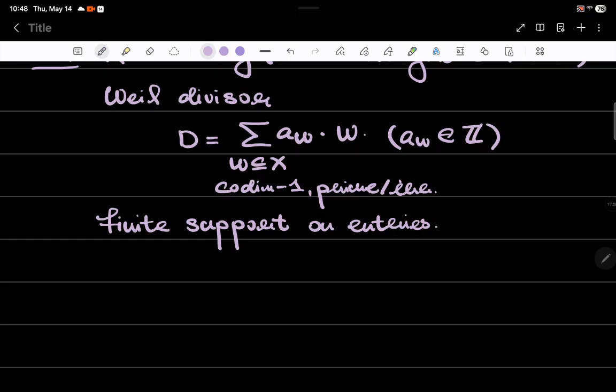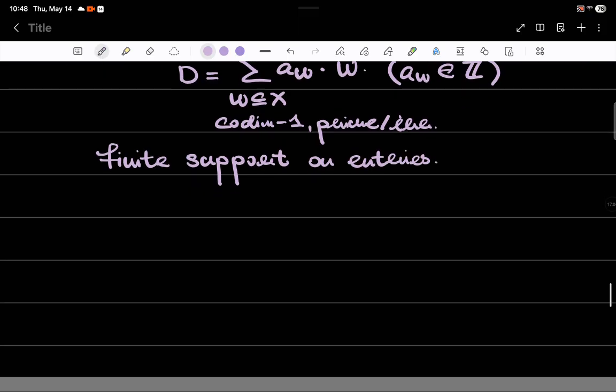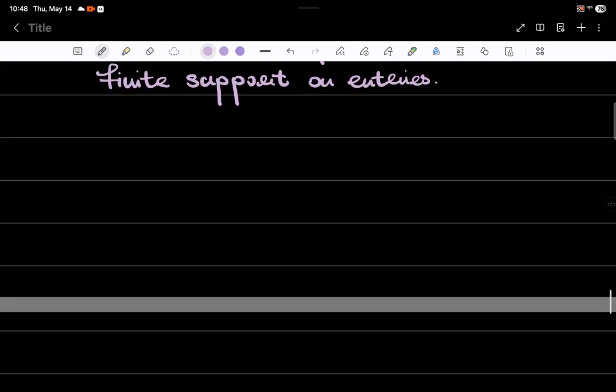So yes, it's a finite sum, and I'll define a k-cycle just to generalize this.